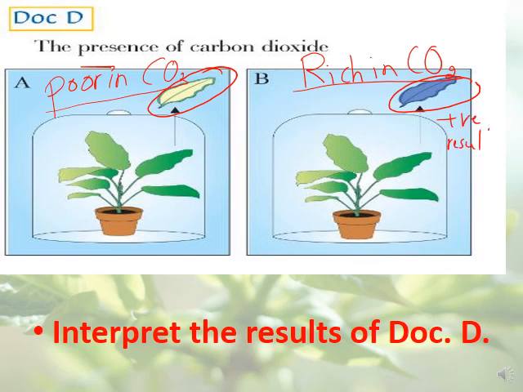While here we have a negative result. So what does this mean? This means that the plant in the medium rich in CO2 can produce starch, while in the absence of CO2 the plant cannot produce starch. So here starch is produced only in the presence of carbon dioxide.